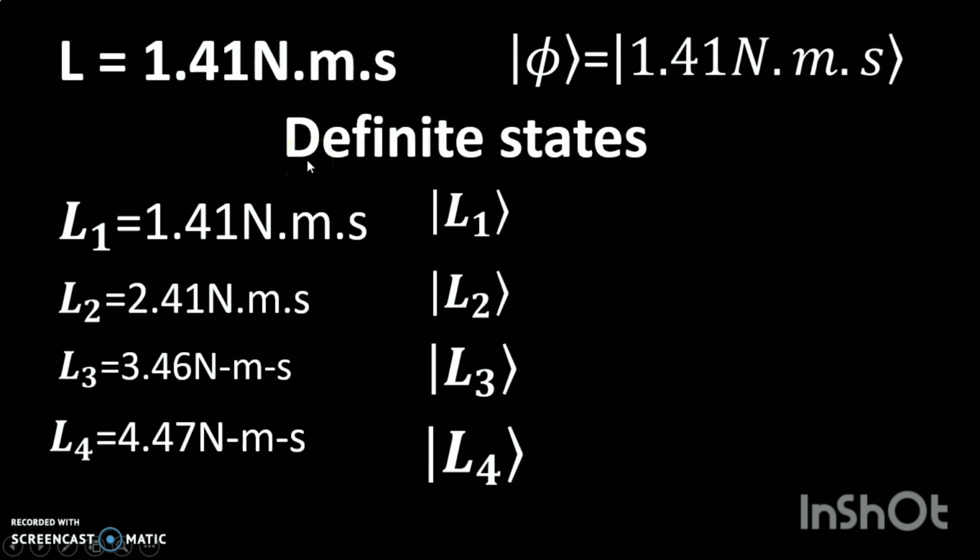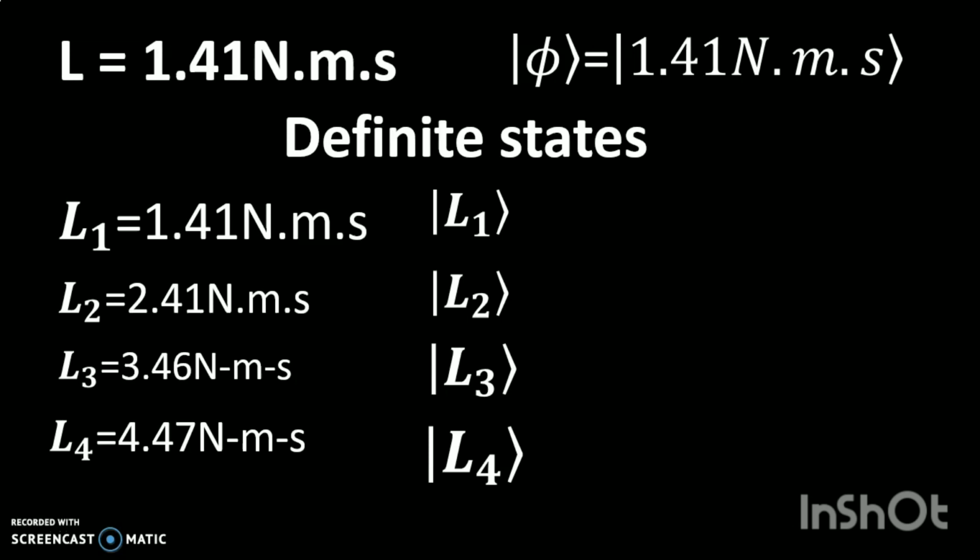In these special states our particle has a definite, 100% certain value for angular momentum, no ifs or buts. Now how would we get these lists from the angular momentum operator? Well, we have a list of definite angular momentum kets and associated values.